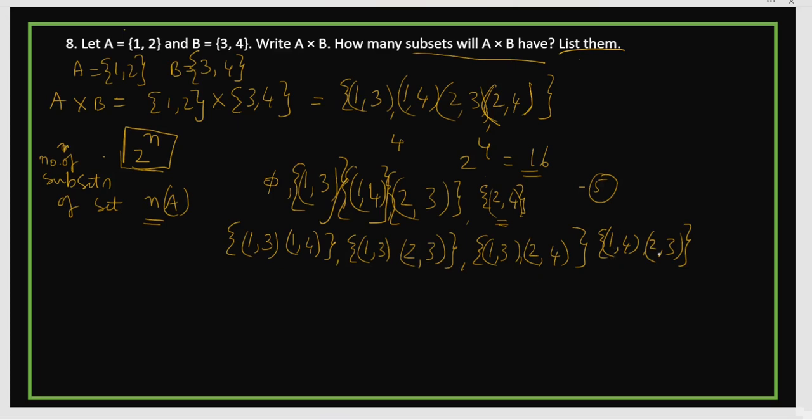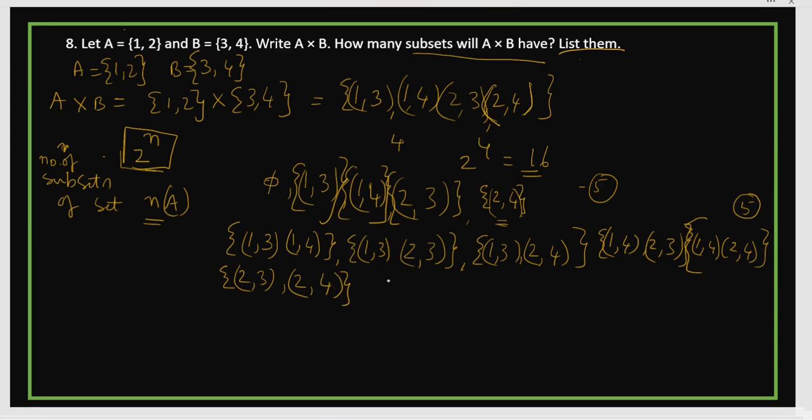And with 1 4, we will have 2 3 and 2 4. Right? How many sets are there? 1, 2, 3, 4, 5. Here another 5 are there. So next is 1 4 with 2 3, and with 2 3, you will have 2 4. Right?